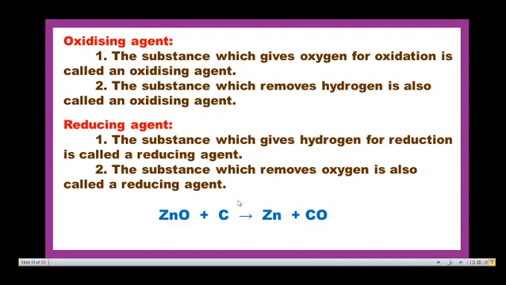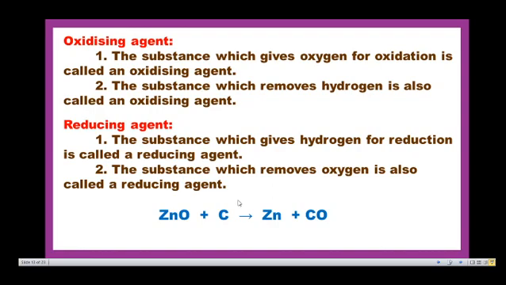Like oxidation and reduction are opposite to each other, likewise oxidizing agent and reducing agent are opposite to each other. In this example, zinc oxide is reduced to zinc, because oxygen is removed from zinc.